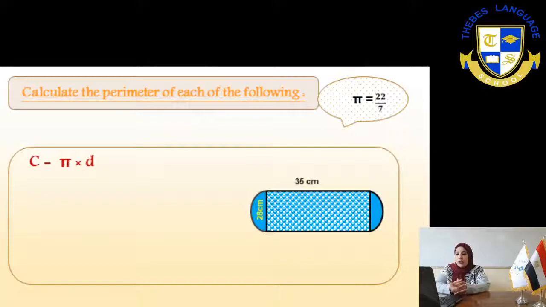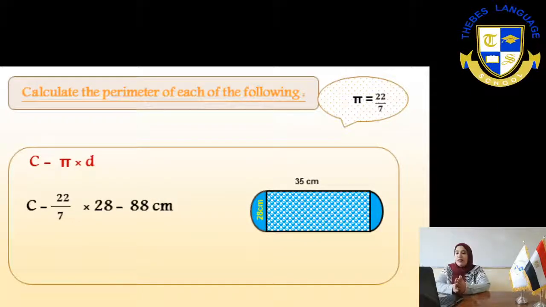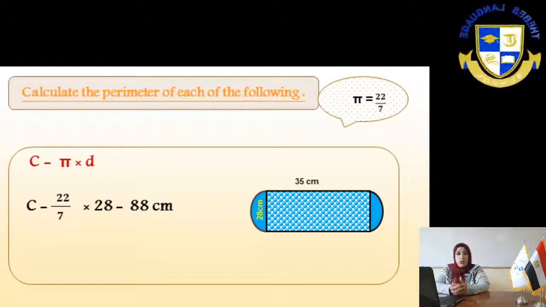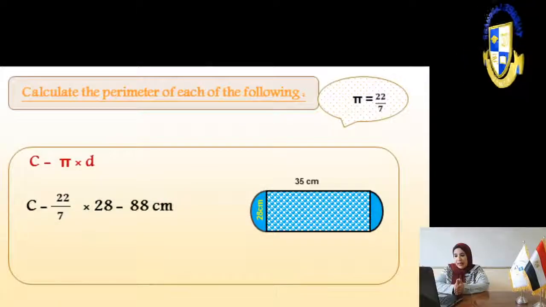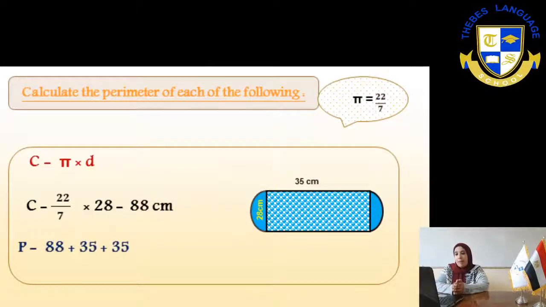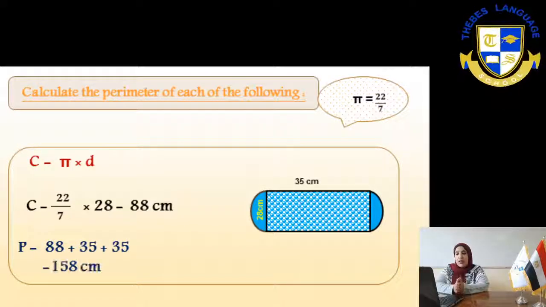Here you can calculate the circumference by pi multiply d. 22 over 7 by 28 equals 88 centimeters. Here you will not divide. You have a half circle here and a half circle here with the same diameter length. So we have the circumference. Now to get the perimeter, 88, which is the circumference, plus 35 plus 35. The answer will be 158 centimeters.